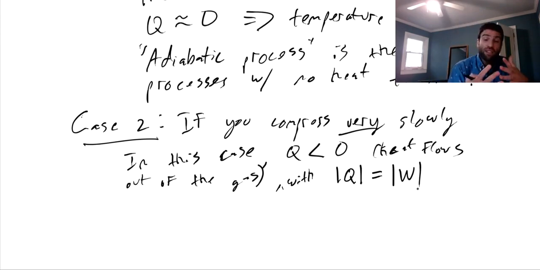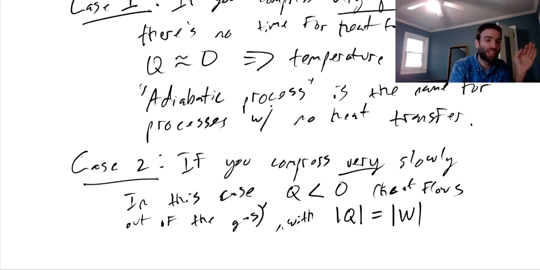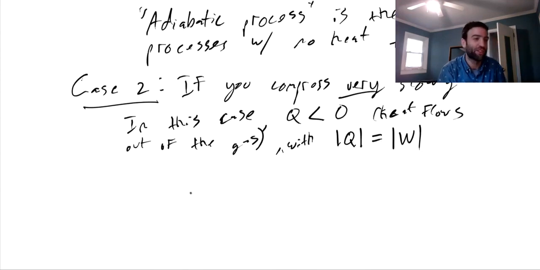So in this case, if we look back up at this equation, we're doing positive work, which means the gas is doing negative work, but heat is also leaving the gas, so we have minus Q, minus some number. These magnitudes balance each other, and that means that the internal energy of the gas does not change, right? And that means also that the pressure doesn't change.